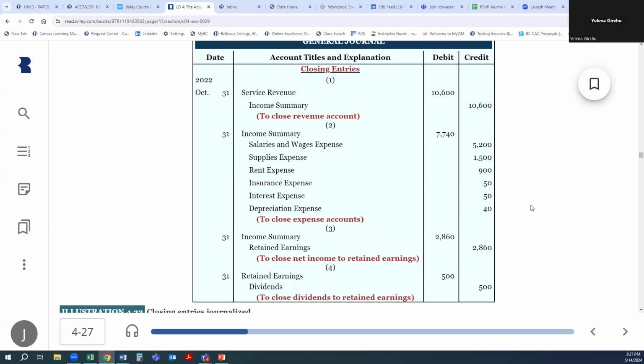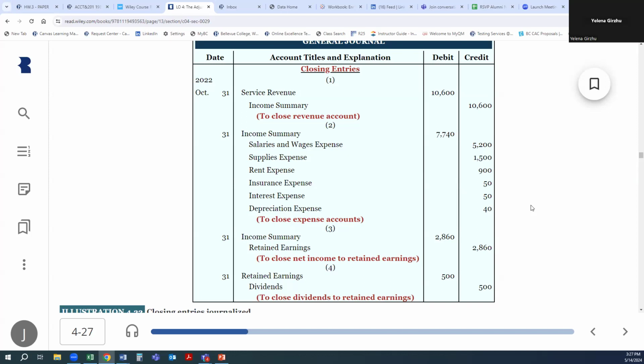So let's see, looking at this one. This is what I just said. On the service revenue, we're crediting income summary, but on the next entry, we're debiting income summary.